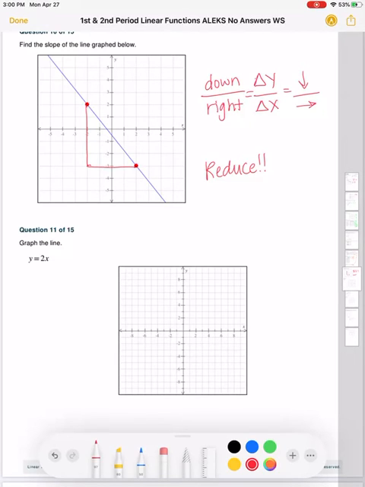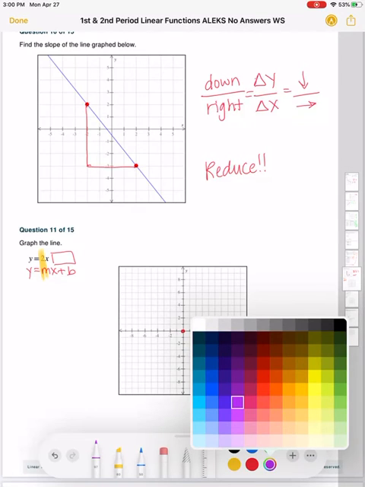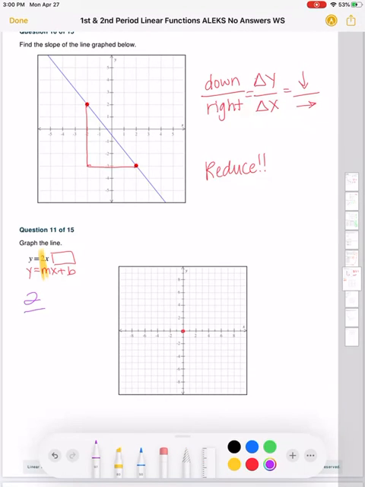Number 11, y equals 2x. So y equals mx plus b. I don't have a plus b, so that number has to be 0. 2, I know some of you are like, Mrs. Hurst, 2 is not a fraction. So what are we going to do about it? We are going to take that 2 and turn it into a fraction by putting 2 over 1.